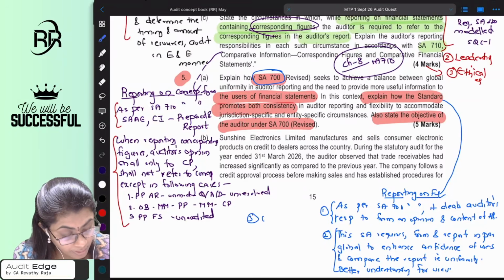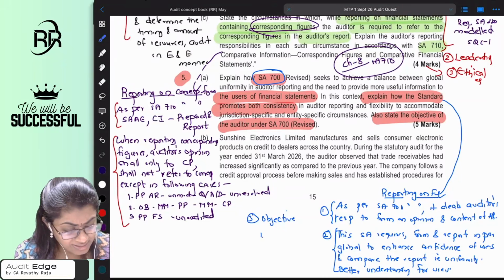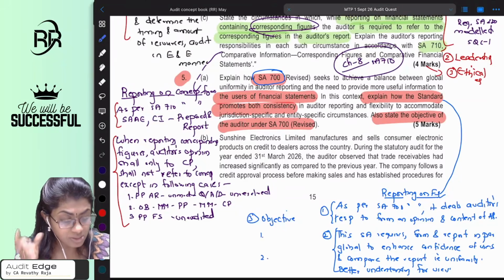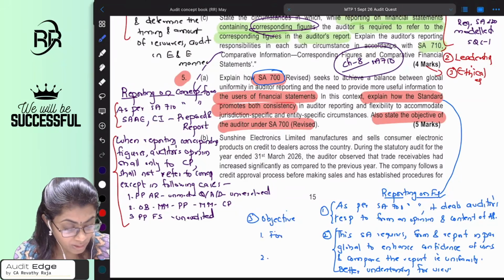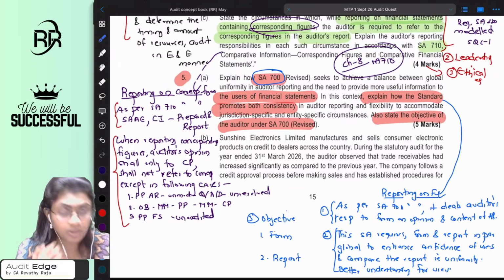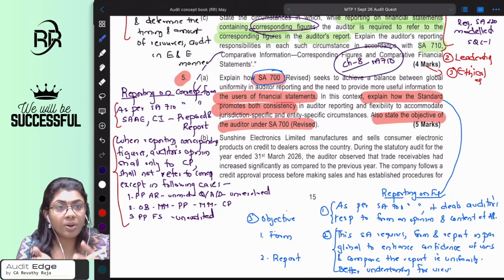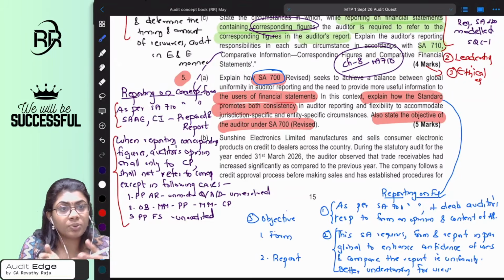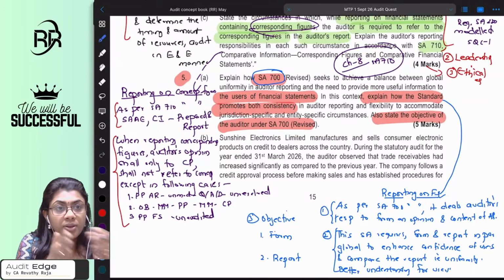Then in the third part, you can write the objective of the auditor. You have to elaborate and write. First is to form an opinion. Next is to give the opinion through the written report. The auditor shall evaluate the audit evidence, arrive at the conclusion, form an opinion and give the written report.